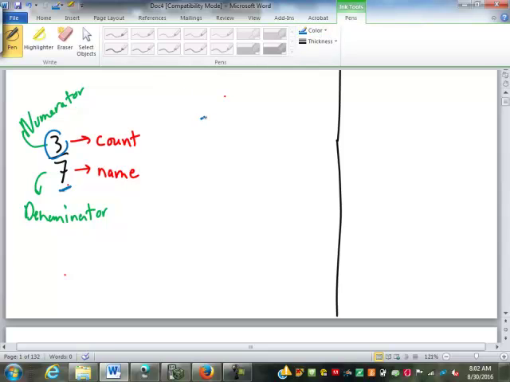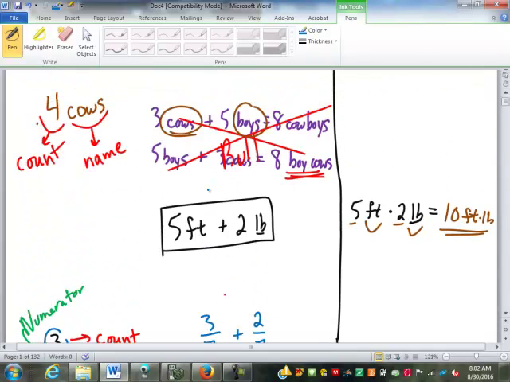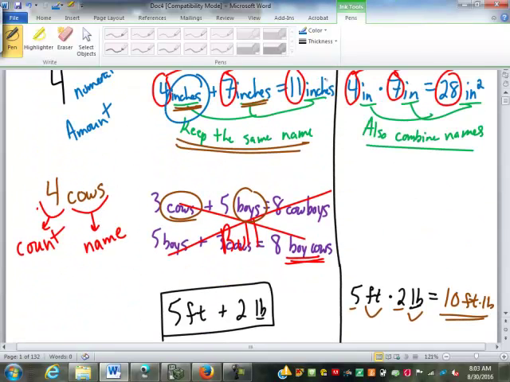With that in mind, then the same rules apply for adding fractions as they do for adding any other number. Now, way back in 3rd grade, your 3rd grade teacher told you, when you add fractions, you must have common denominator. That's not a special rule for fractions. That applies to all numbers. When we add numbers, we must have the same name.